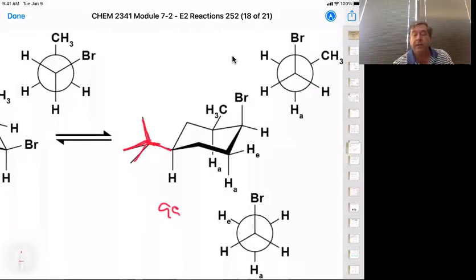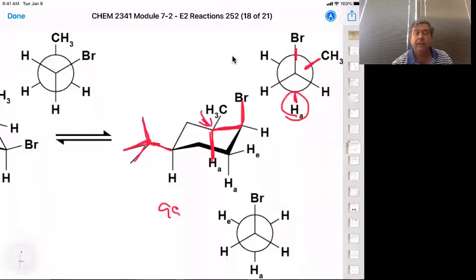So we're going to look at the interaction on this one here. When we look at that, we have the methyl group and the bromine here, and we do have a hydrogen. Notice it's this hydrogen here, opposite of bromine, and therefore it can undergo E2 elimination in that configuration. So this side is possible.